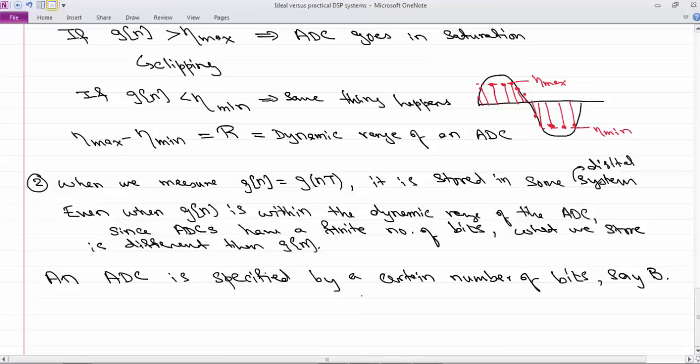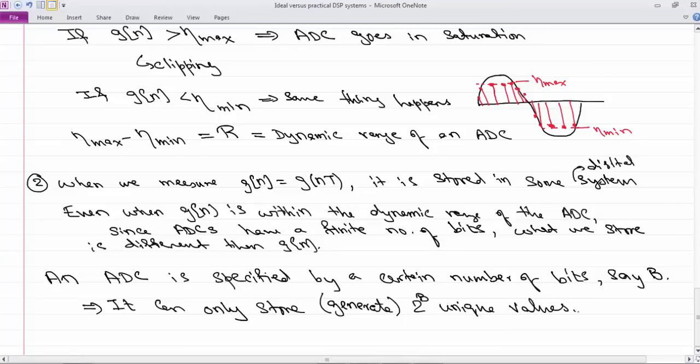And if an ADC has B bits, then it can only store, or generate, since ADCs don't really store values, but they generate and then you store them in some digital system, only 2 to the B unique values.